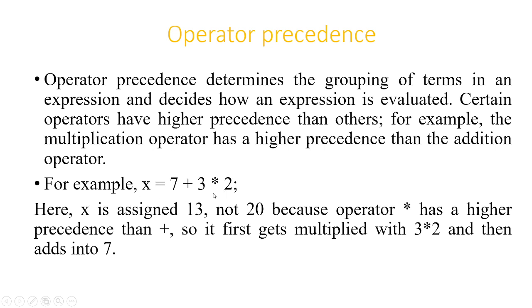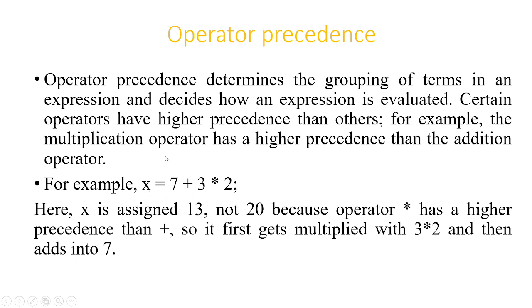So when you look at this expression, x is equal to 7 plus 3 into 2, this x is assigned 13 but not 20. Why? Because the highest precedence is given to multiplication. So first 3 into 2 is multiplied, that is 6. This 6 is added to the 7, then 6 plus 7 becomes 13. 13 is assigned to x.